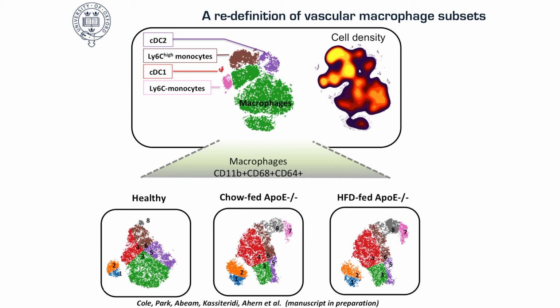These clusters in particular are CD11c expressing macrophages, which really seem to be the newcomers onto the plaque. We think this is a very interesting population. We have published recently in Circulation that this population is dependent on a transcription factor called interferon regulatory factor 5.